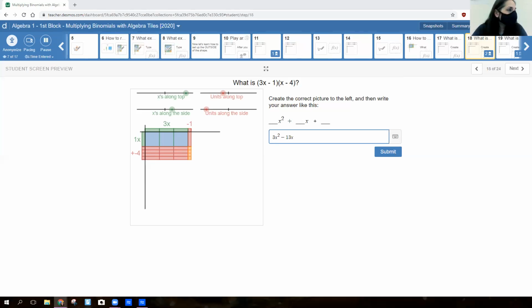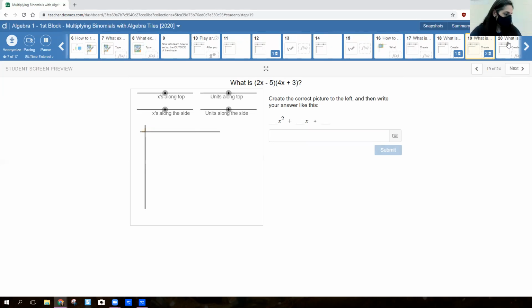Now we have to figure out how many of these little orange ones there are. We only have 4, so plus 4. Oh, mine plus 4 did not show up. Plus 4. There we go. So don't feel like you have to put that plus sign. If it's a negative x value, you can just put minus. Excellent. Go ahead and move to the next slide.